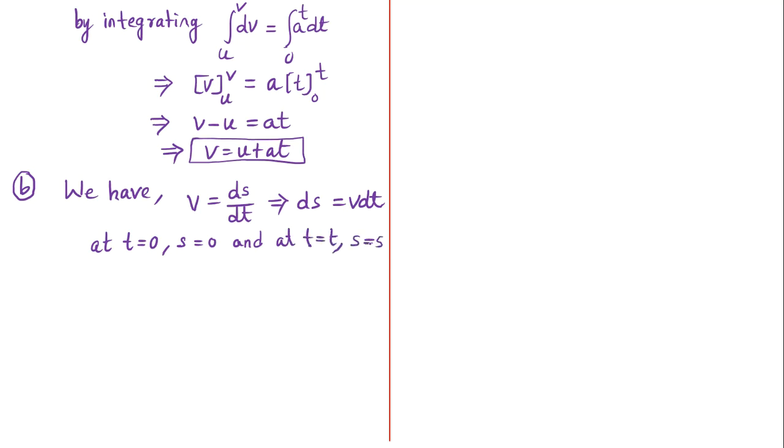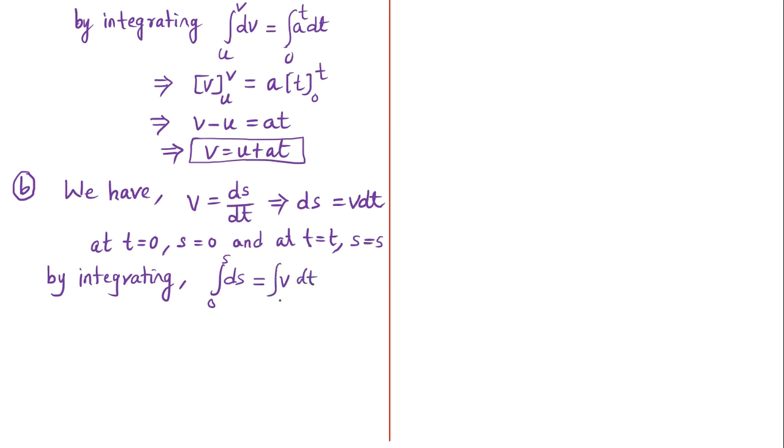Then by integrating, integration of ds, limit from 0 to s, equal to integration of v dt.